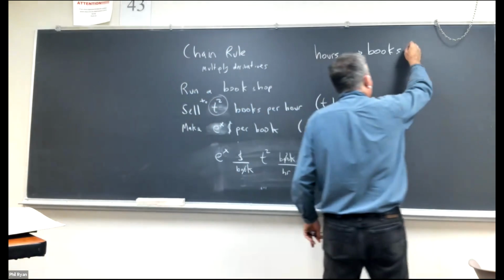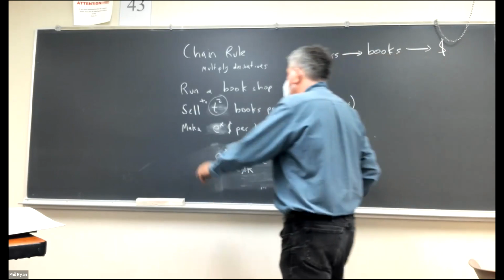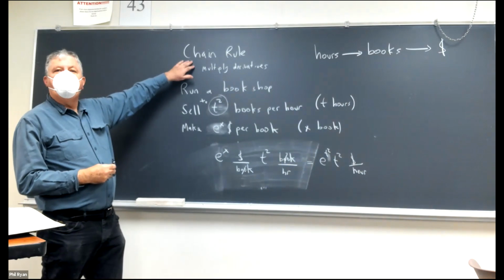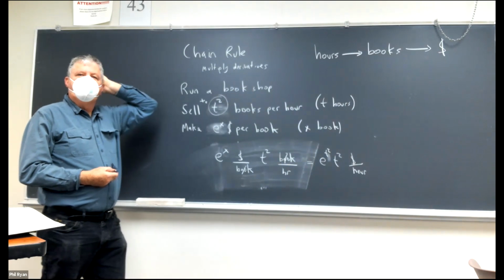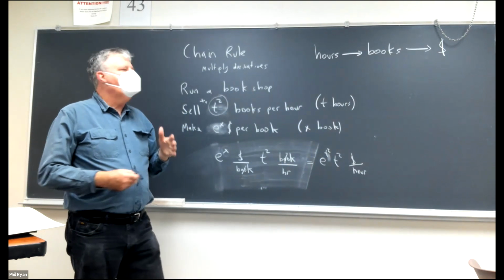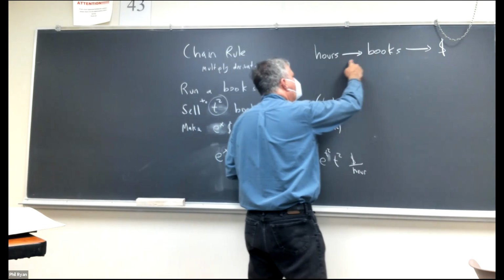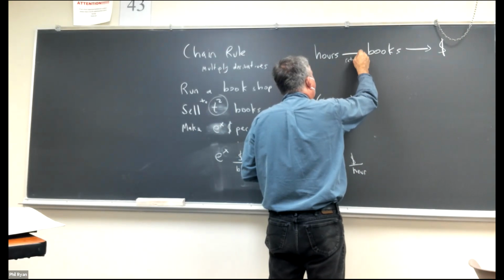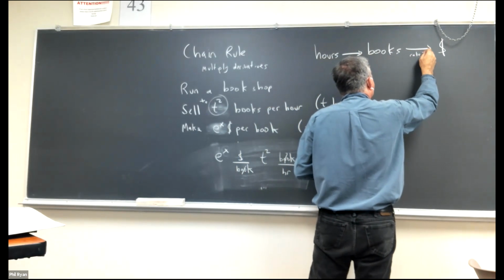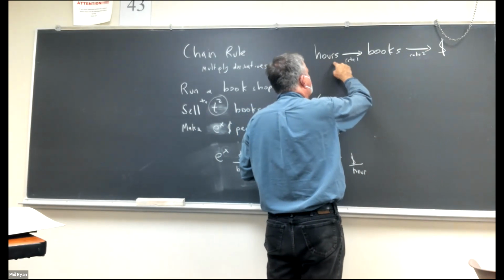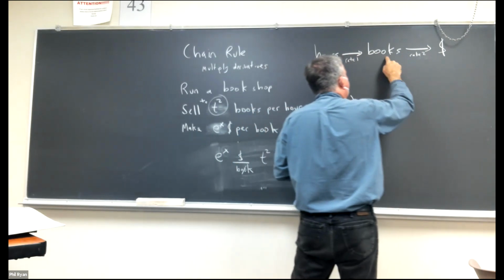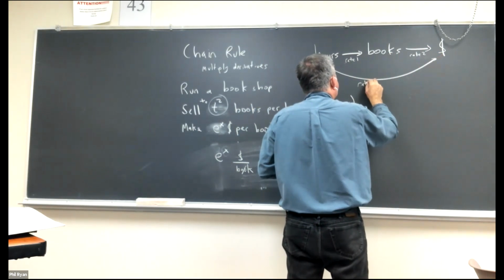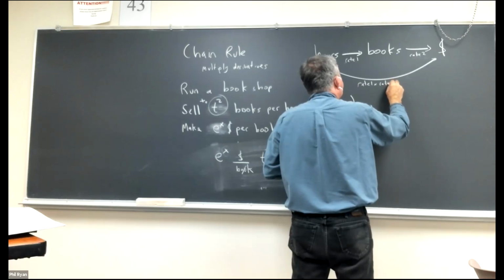Books gets turned into dollars by this. This is the chain of the chain rule. So whenever you have a chain and you have a rate here and a rate here, this is rate 1, this is rate 2. Rate 1 is the rate that this is going. Rate 2 is the rate that this is going. This rate is rate 1 times rate 2.